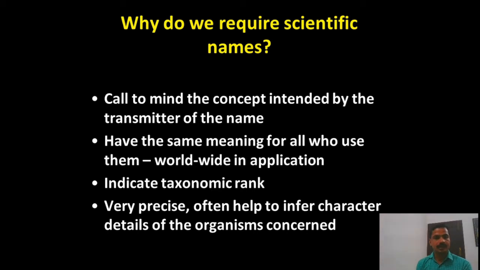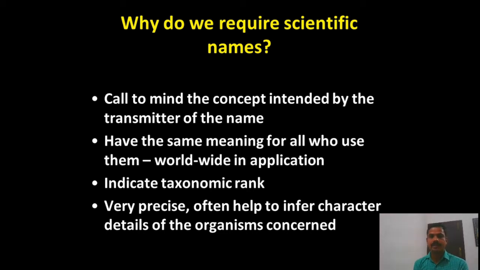Then botanical names or scientific names indicate its taxonomic rank, the level of the organism in the classification, the level in the linear hierarchical system. So that indicates at which rank or which level it comes.